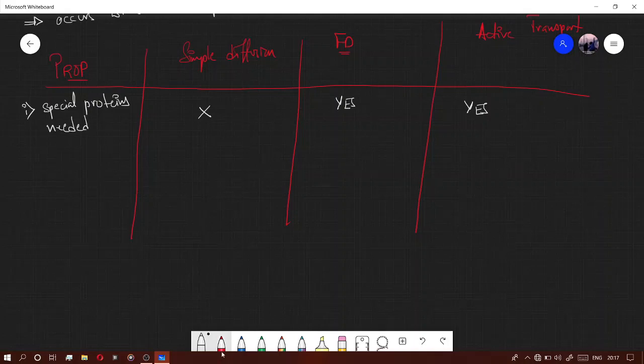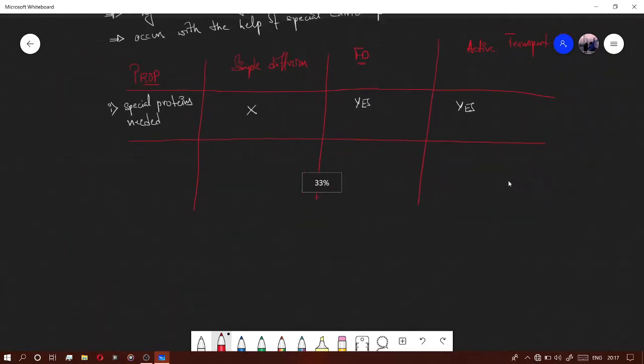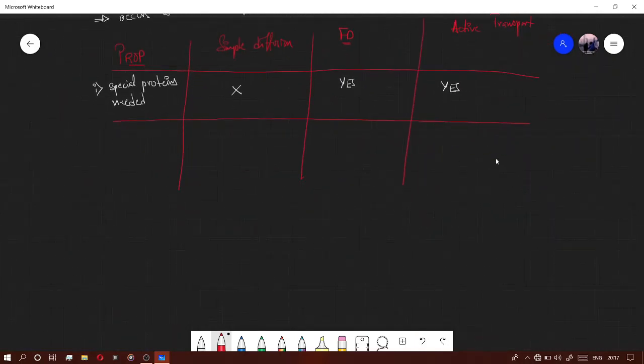Let me zoom out a bit and see if I can do this a bit straighter. I'm sorry, but let's just make another column. I think this is legible, right?